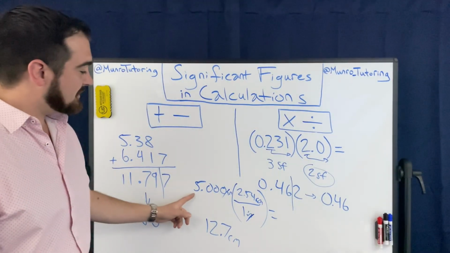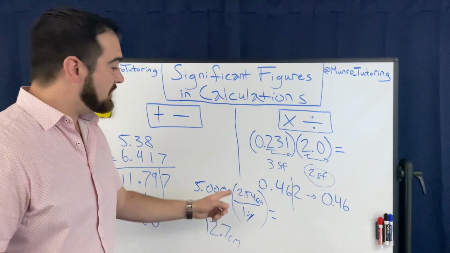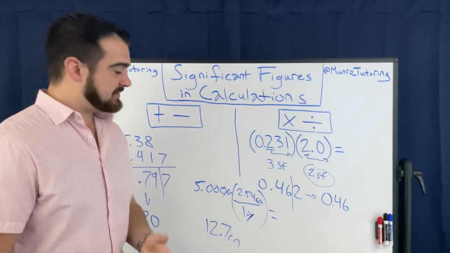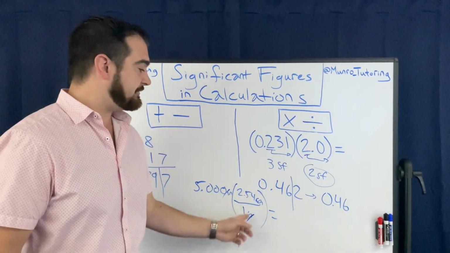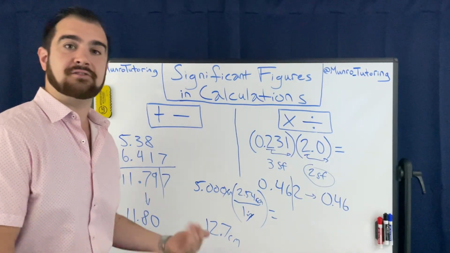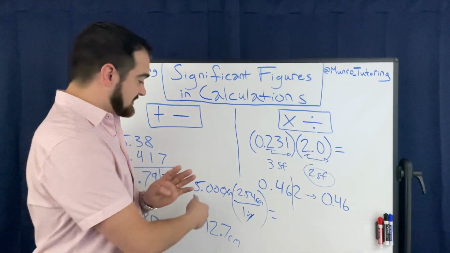So this number here has 1, 2, 3, 4 sig figs. And although it looks like the 2.54 has 3 sig figs, it doesn't, because an inch is defined as 2.54 centimeters. So this is infinitely precise. It does not affect the number of sig figs in your final answer. So in other words, I need to have 4 sig figs in my answer because I started with 4.